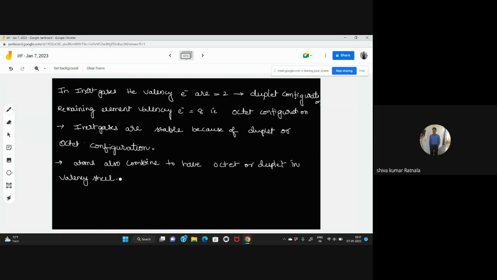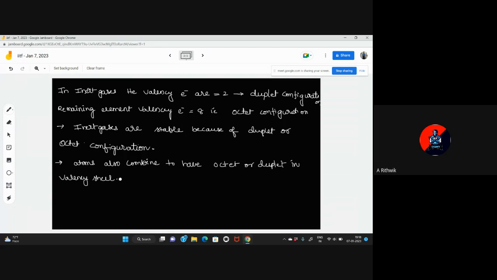That also you can say. Sir, what are inert gases? Inert gases means helium, neon, argon, krypton, xenon. These gases don't react with any other elements in normal conditions. We can also call them noble gases.